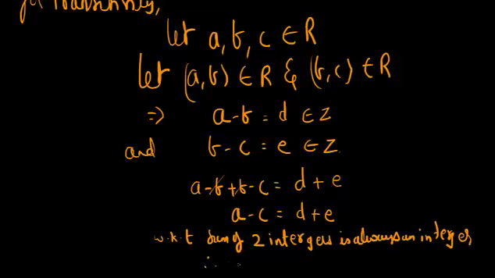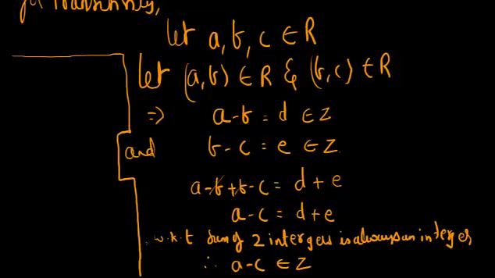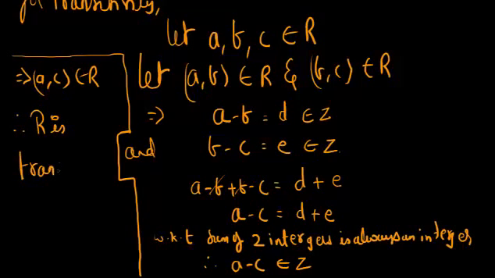Therefore A minus C belongs to Z. Alright, so what have I done here? I've gone ahead and proved that A comma C belongs to R. Therefore, R is transitive.